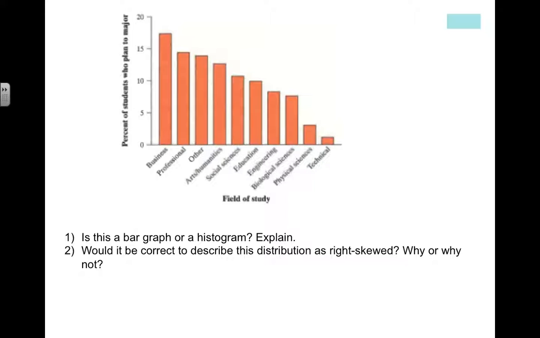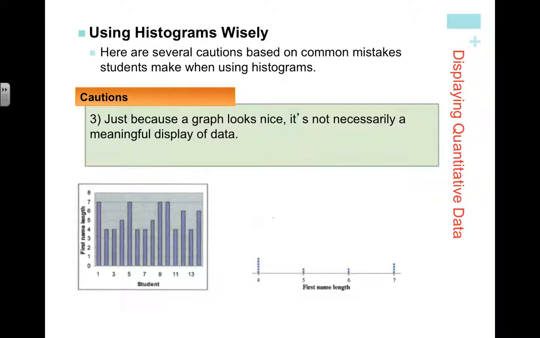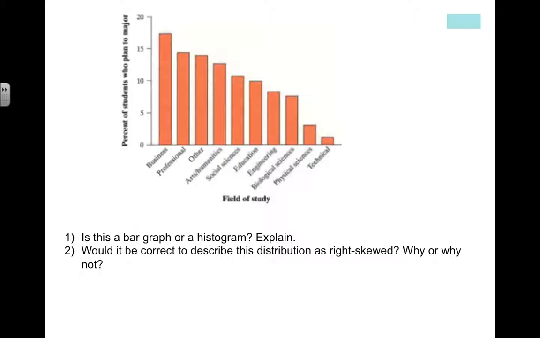So we'll leave off with a check your understanding problem. Just really quickly, not too difficult. What are we looking at here? Is this a bar graph or is it a histogram?